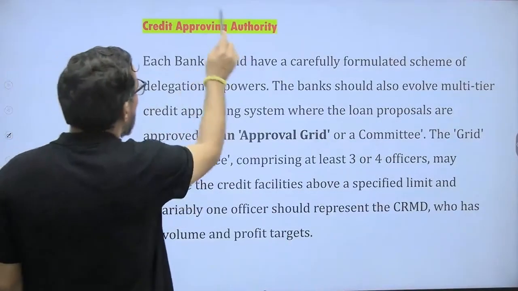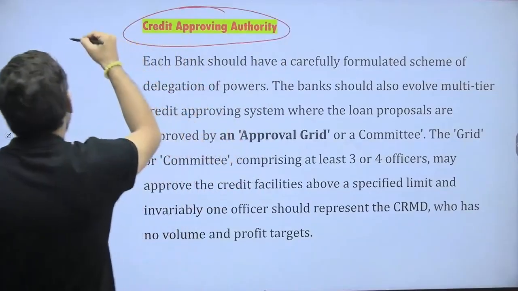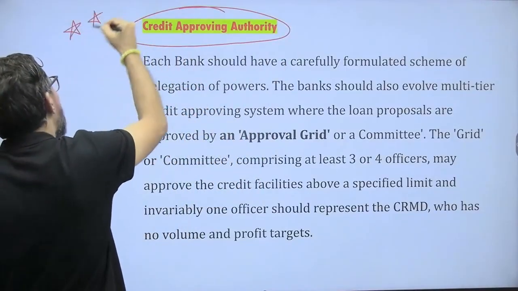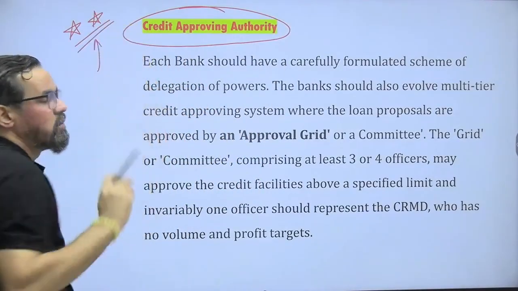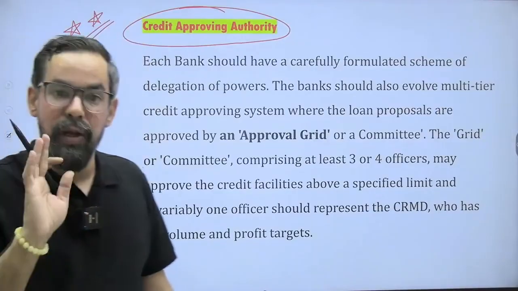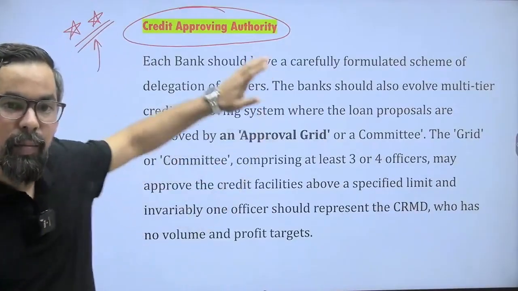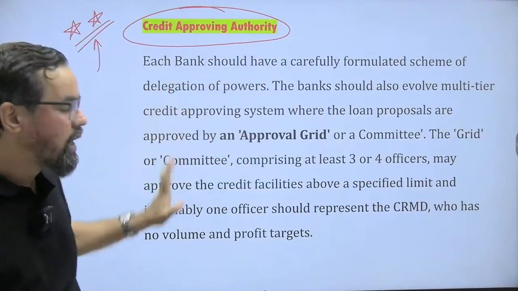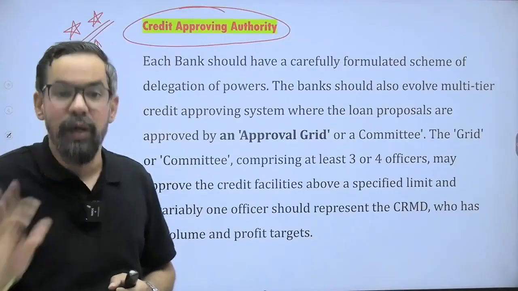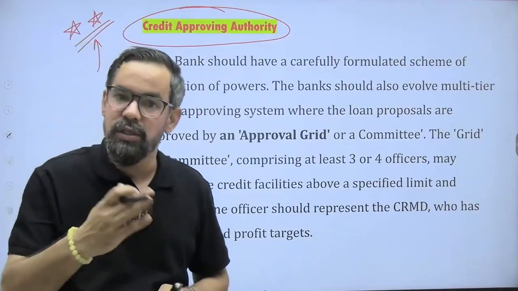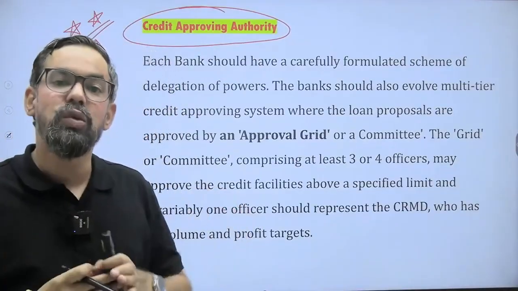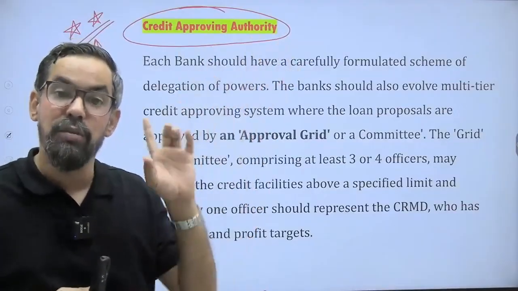Credit approving authority. This is very important. When I was talking about that particular term, the credit risk management department, they are generally part of this particular team also. Let's say we have an approval grid. That approval grid consists of 3 to 4 officers and at least 1 from the credit risk management department.